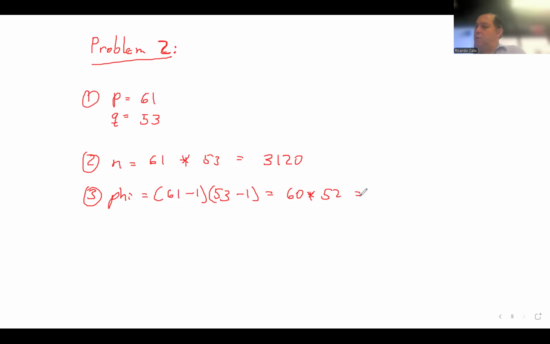And this is equal to, oh, actually, I have them inverted. This is the 3120. This number here, 61 times 53, is actually 3233. Everyone with me? So n is 3233, phi is 3120. Got it? Questions? All right.